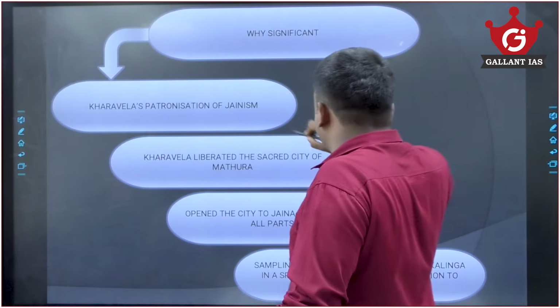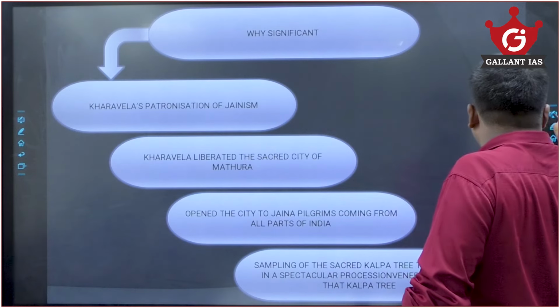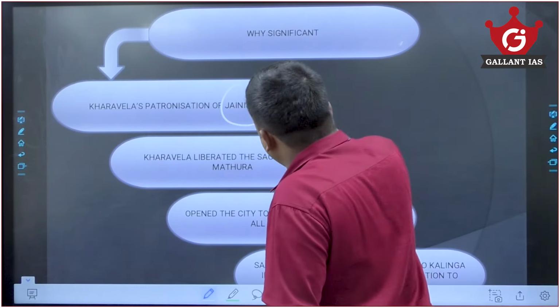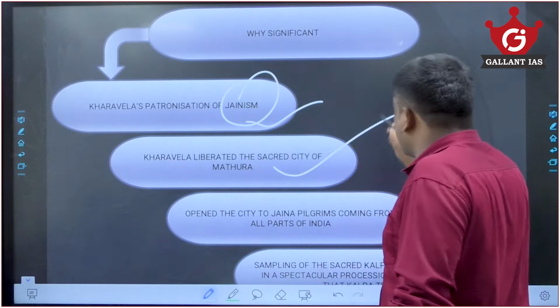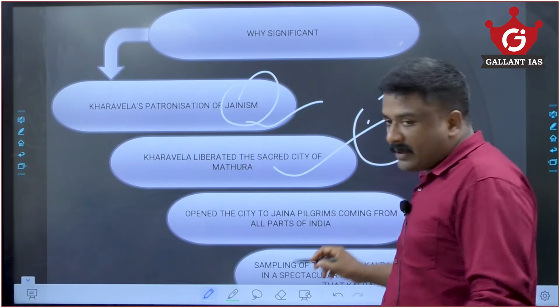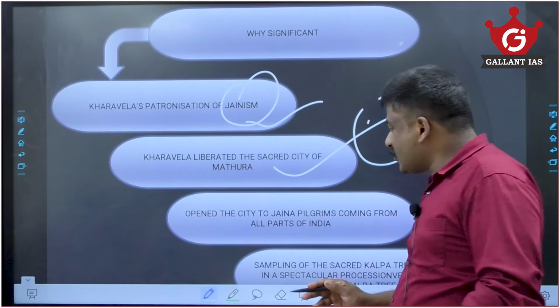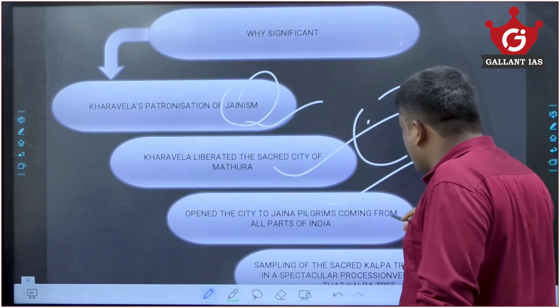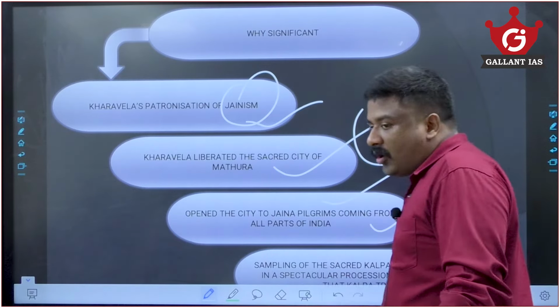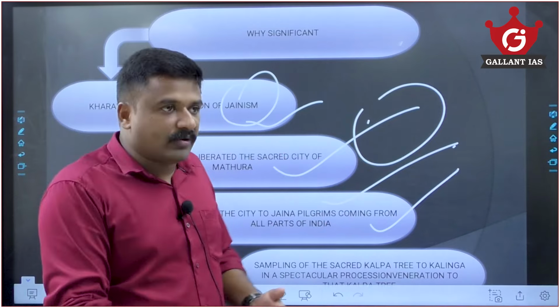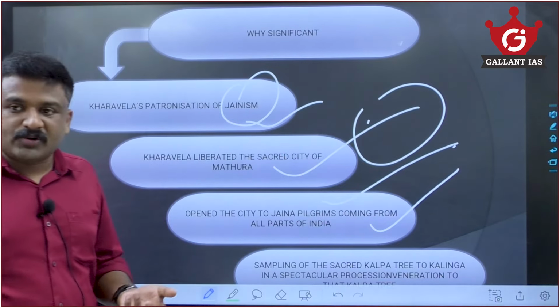Then he patronized Jainism, even though he is religiously tolerant, please take care. He liberated the sacred city of Madura from these invaders and foreigners and opened the city to Jain pilgrims coming from all parts of India. So he is known as a liberator, a savior.